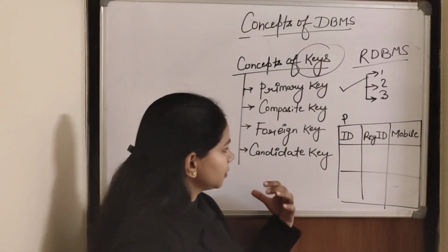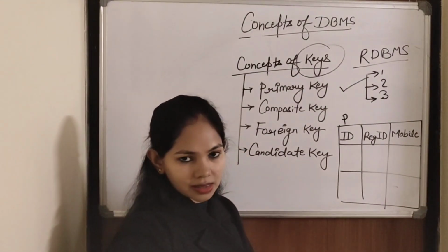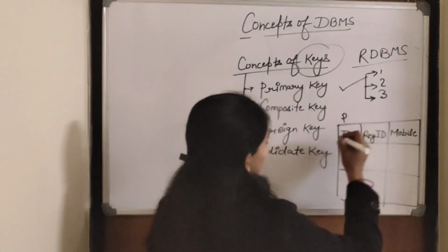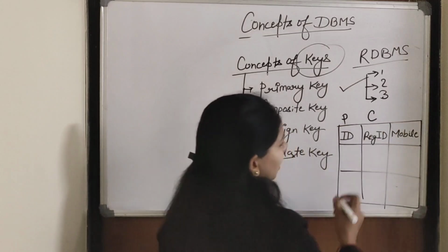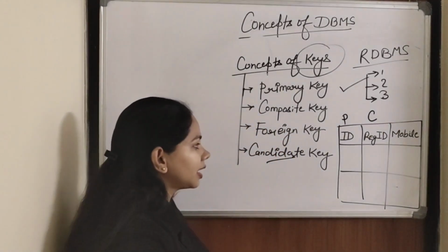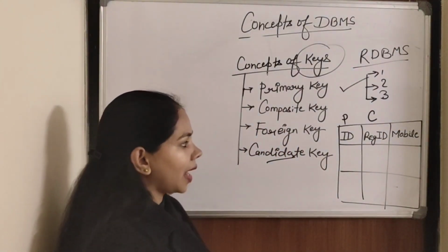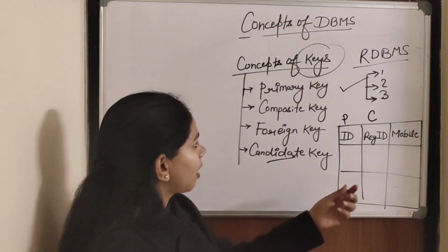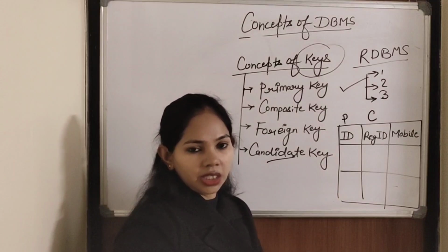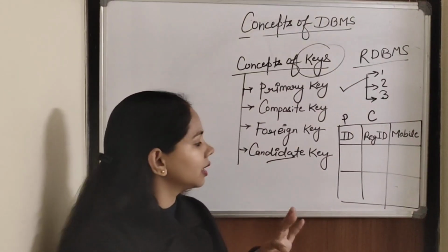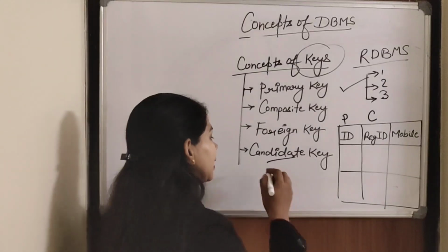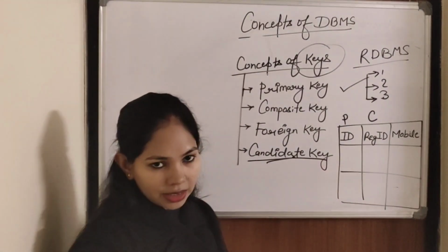Then if any key is left, that also plays an important role, and we consider it the candidate key. Candidate keys are keys that have unique records in a table, and after selecting the primary key, if any column is left that uniquely identifies records in your table, then it is known as a candidate key.